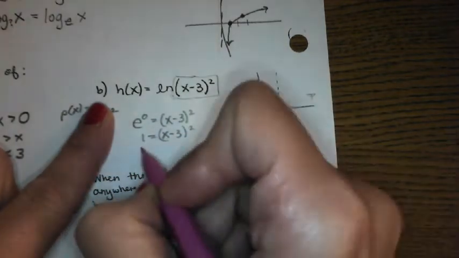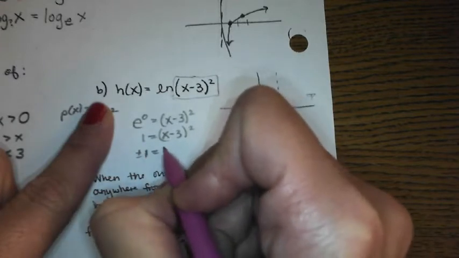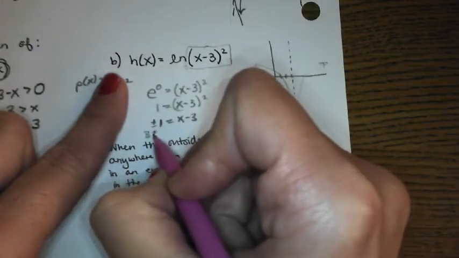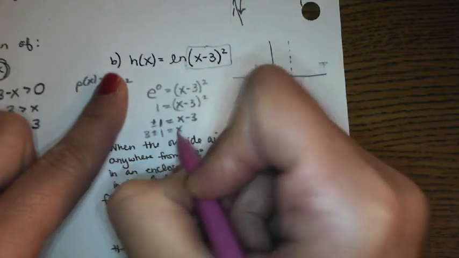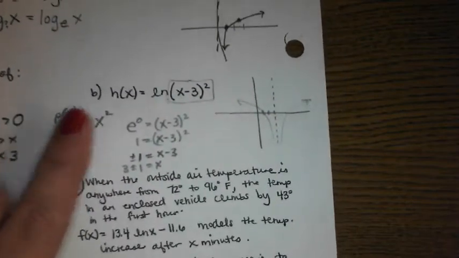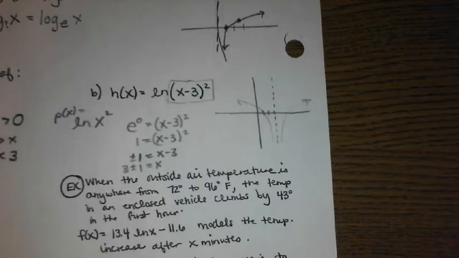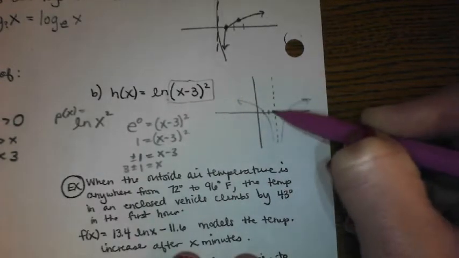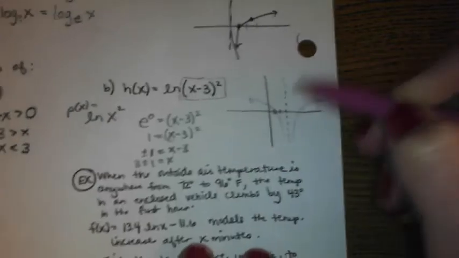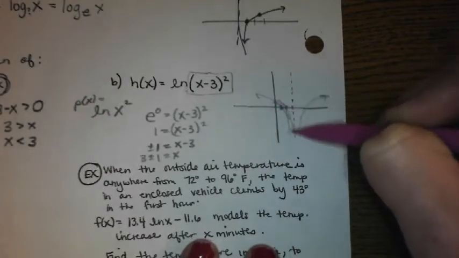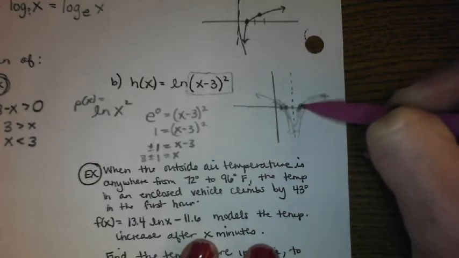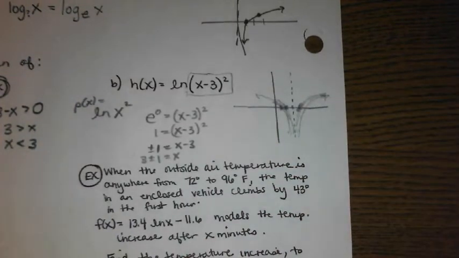When you square root both sides, you get plus or minus 1 equals x minus 3. When you add 3 to both sides, you get 3 plus or minus 1 as your x-intercept. So that's an x-intercept at 4 and at 2, which is equidistant on either side. There's my x-intercept at 2, and here's my x-intercept at 4.